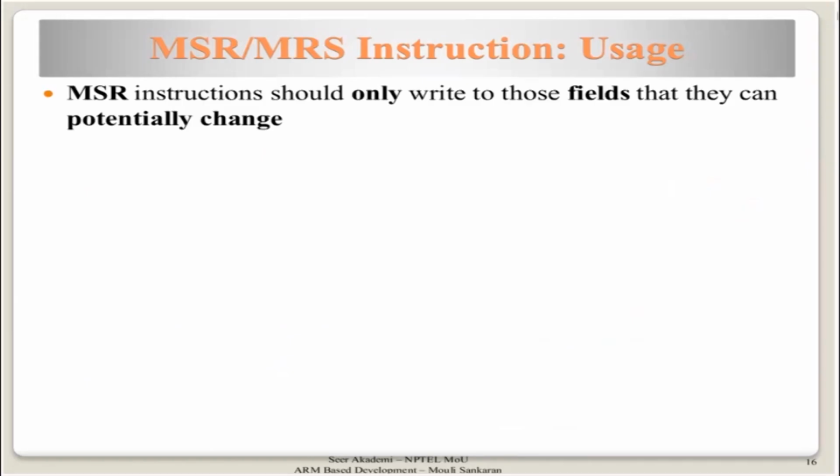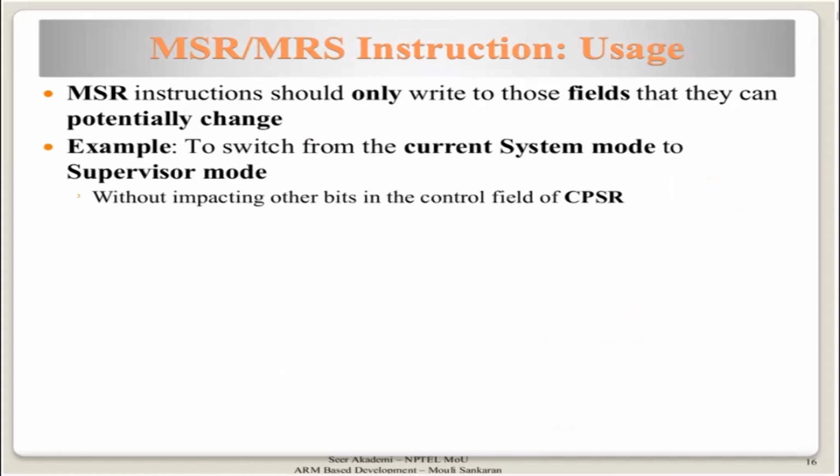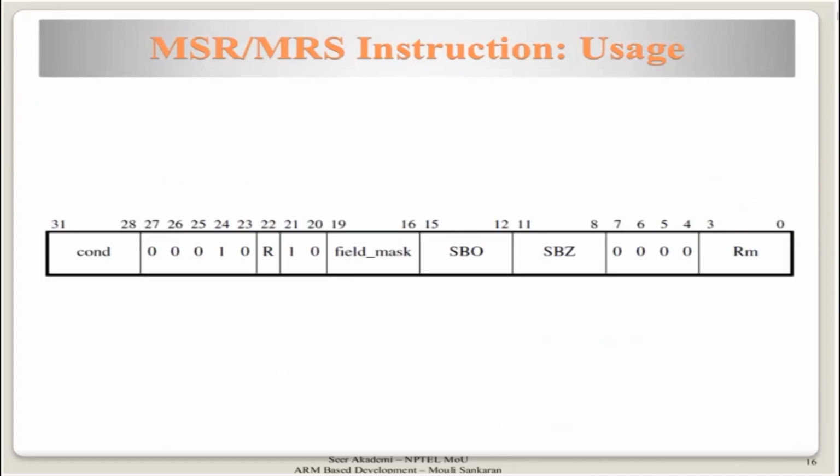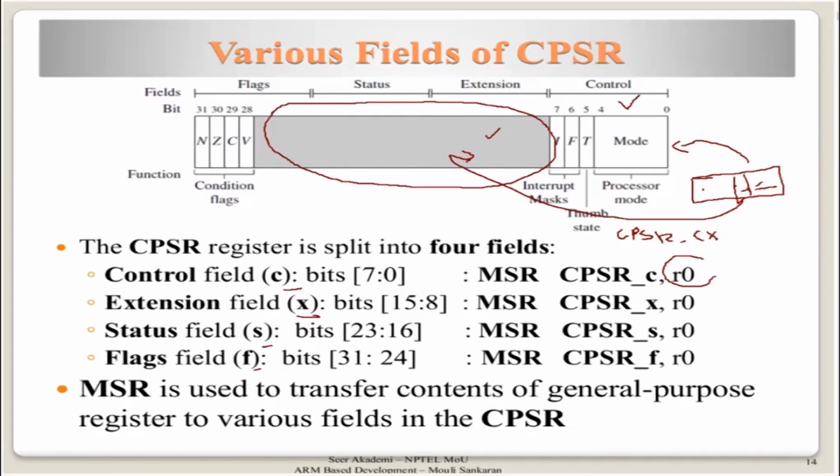So you should only write those fields that you can potentially change. Okay, again please remember, some of the mode registers are not modifiable by a particular mode. So in user mode you cannot change the mode field of the register. That is to be precise, I will go back. Please remember, this mode bit cannot be modified in the user mode.